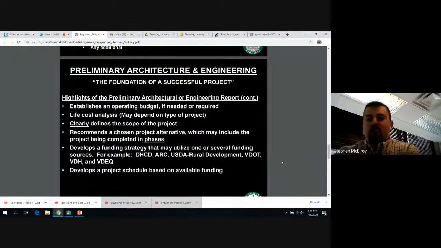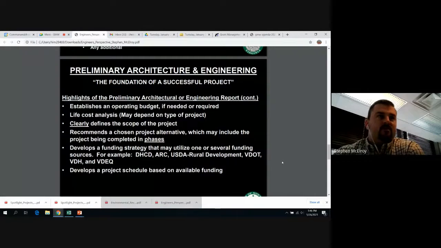Establish an operating budget. Of course, this is sometimes more geared towards a new utility project, or depending on what kind of mixed use, mixed income project you may identify, if it's publicly owned, like a public-private partnership. But it assists in establishing an operating budget to see if the owner can effectively afford it.